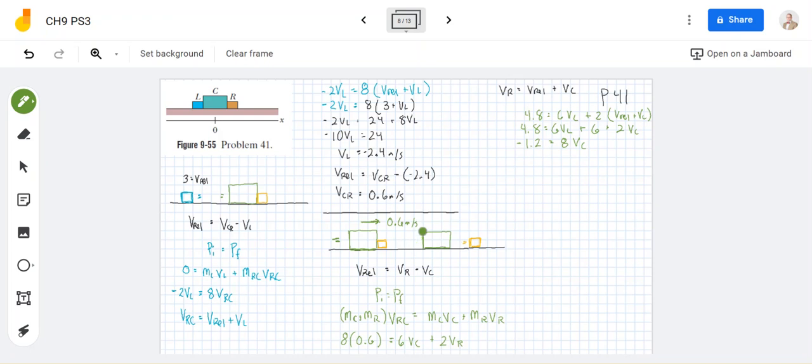So if I divide here, the velocity of the center is negative 0.15. And then if I want to solve for the velocity of the right, I could use this up here.